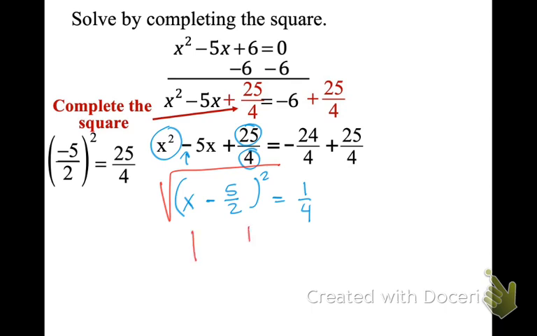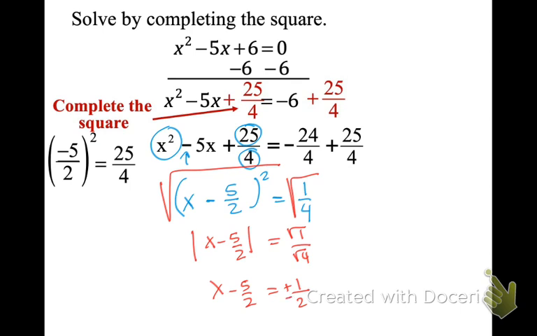Okay, now we're ready to root things because our quadratic is alone. So we get the absolute value of x minus 5 over 2 equals the square root of 1 over the square root of 4. The square root of 1 is 1, and the square root of 4 is 2. And that's a plus or minus, right?